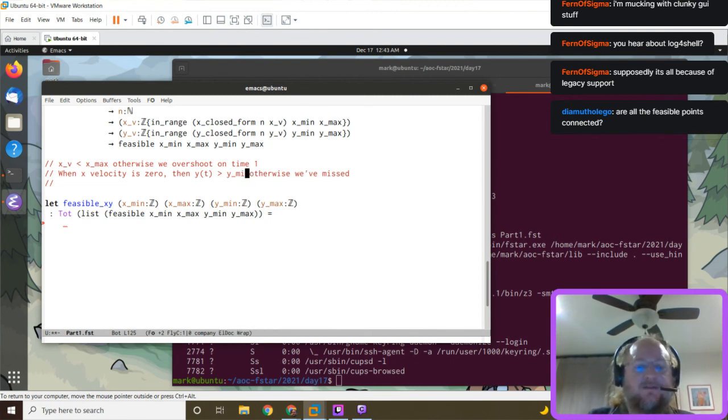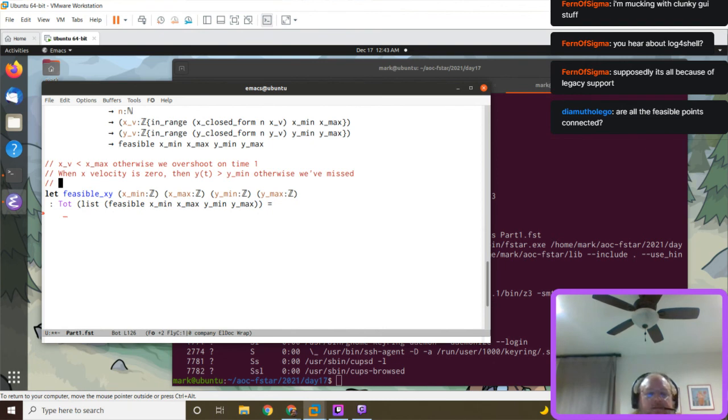If we're already below y min, we can't be going back up because we had started at 0.